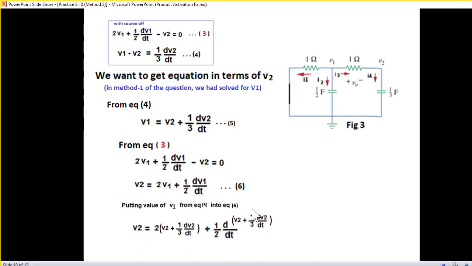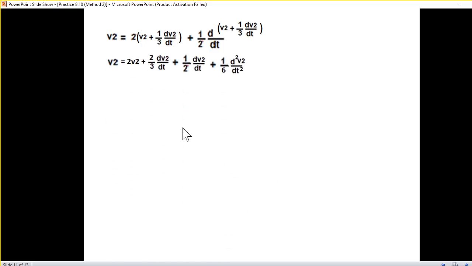Now we plug in the value of V1 from equation 5 into this equation, everything in terms of V2. Solving, multiplying by 6 to make it simpler. So this is our second degree differential equation.